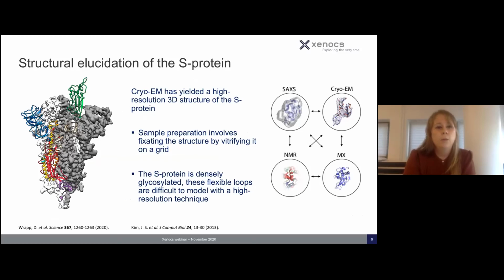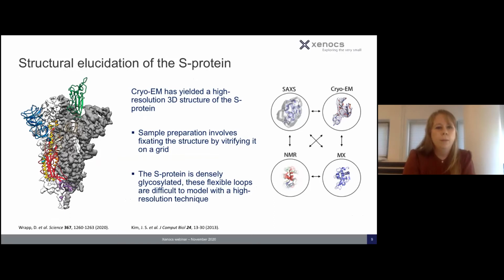Now, this is a picture you've probably all seen. This is a cryo-EM picture that was published only 2 weeks after the full genome was published, which is extraordinarily fast. Now, there are actually 2 big contributions of SAXS for electron microscopy.